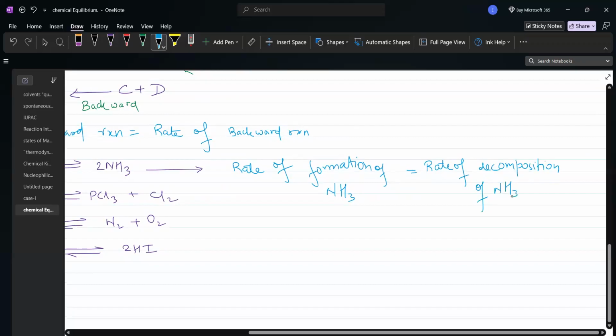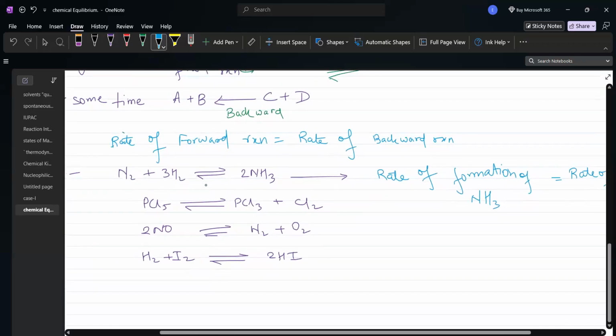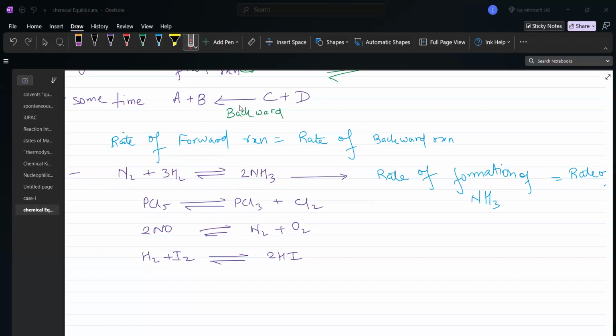See, in this equation, the formation of NH3 is taking place by reaction of these molecules. So the rate of formation of NH3 is equal to the rate of decomposition of NH3. Are you getting this? Everyone got this?